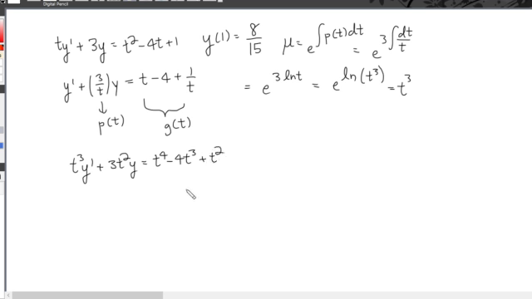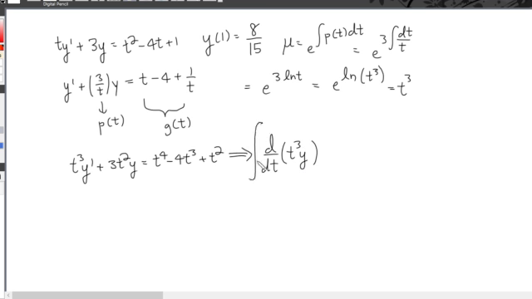Okay, nice. So now we have to see which term this is the product rule differentiation for. And just looking at it, we can see that it's just the same thing as the derivative with respect to t of t cubed times y.